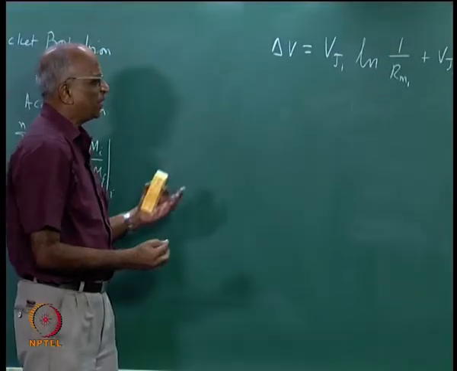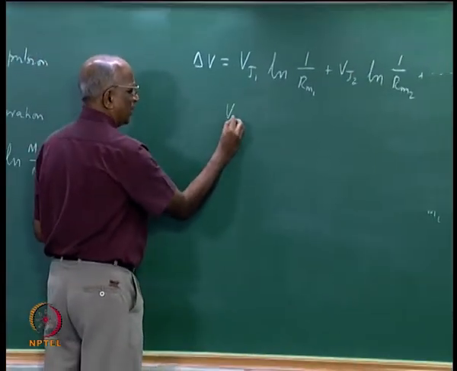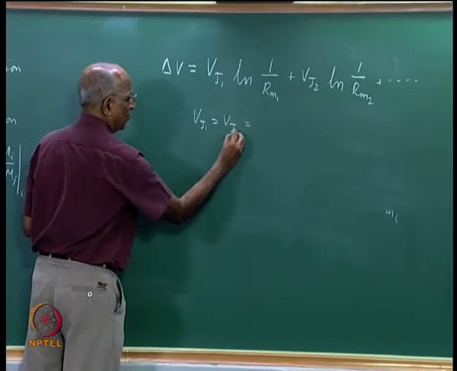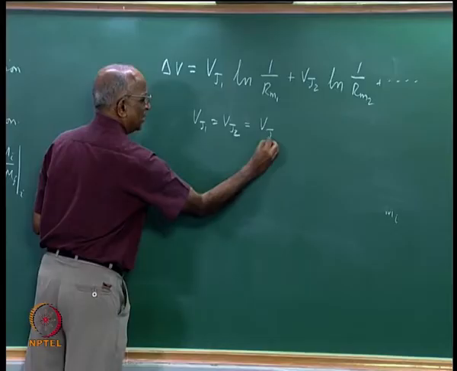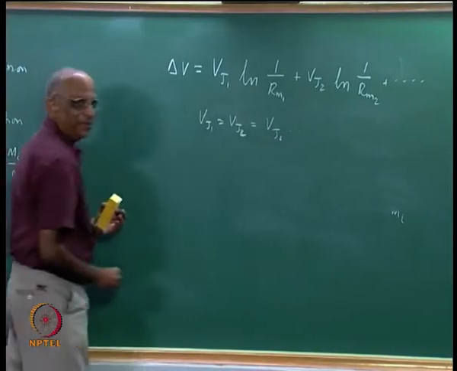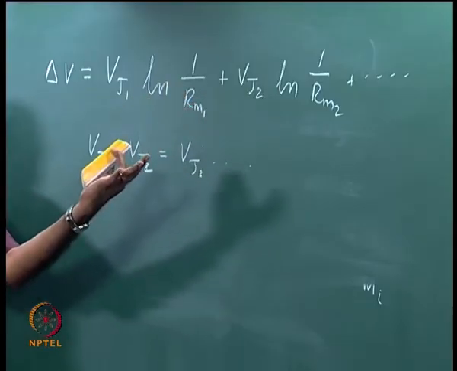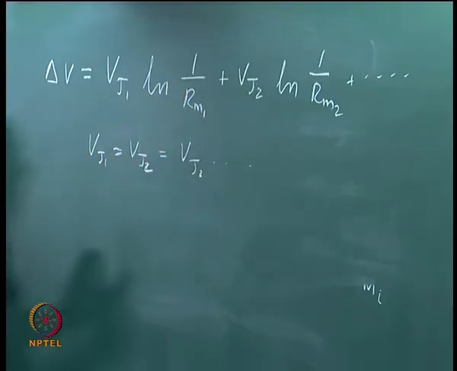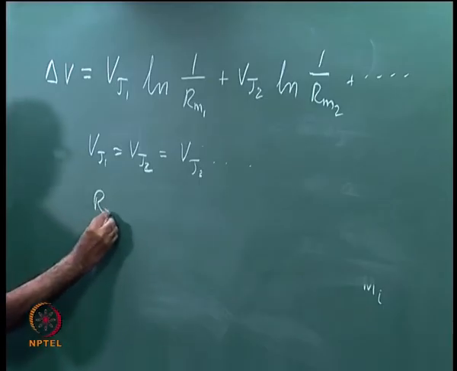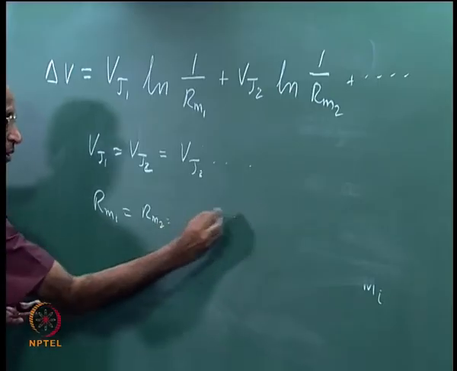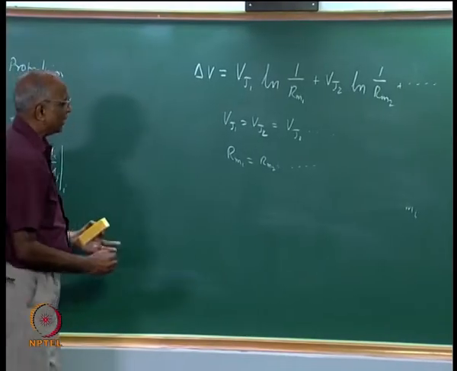Supposing I have rockets in which the jet velocities are the same for all the stages, Vj1 is equal to Vj2 is equal to Vj3 and so on, and the mass ratio of each stage is also the same for all the rockets. Supposing each stage has the same mass ratio, Rm1 is equal to Rm2 and so on, then what do I get?